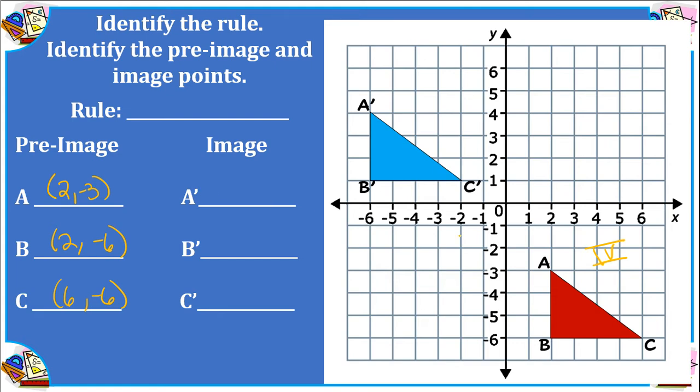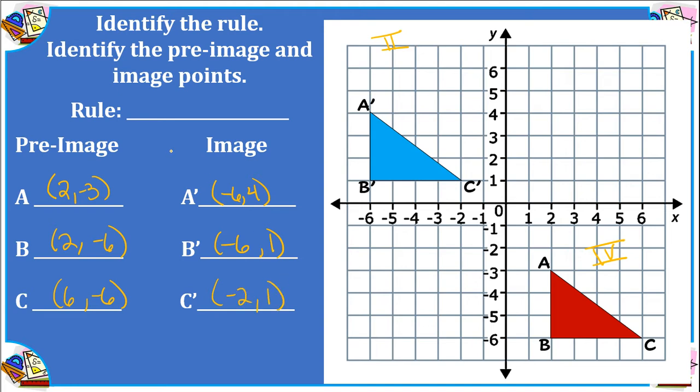And now we have moved into quadrant 2, and these are going to be negative, positive. So let's just go ahead and write down our new coordinates. A prime is -6, 4. B prime is -6, 1. And C prime is -2, 1.